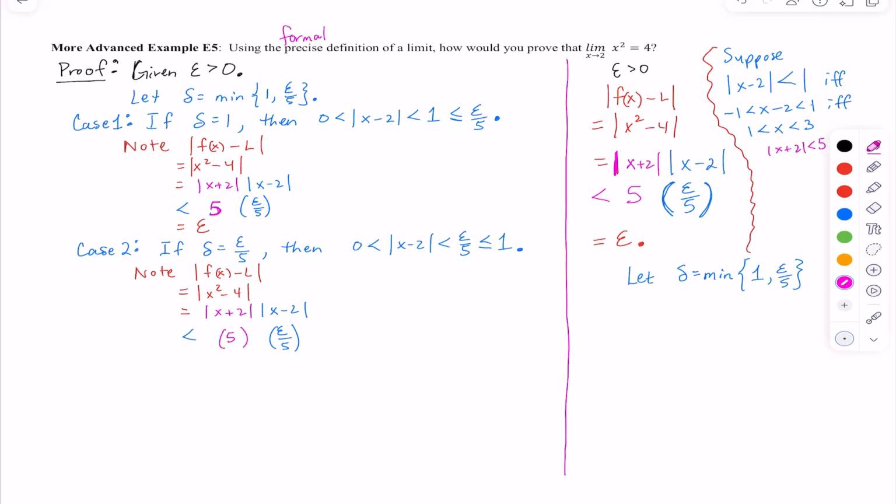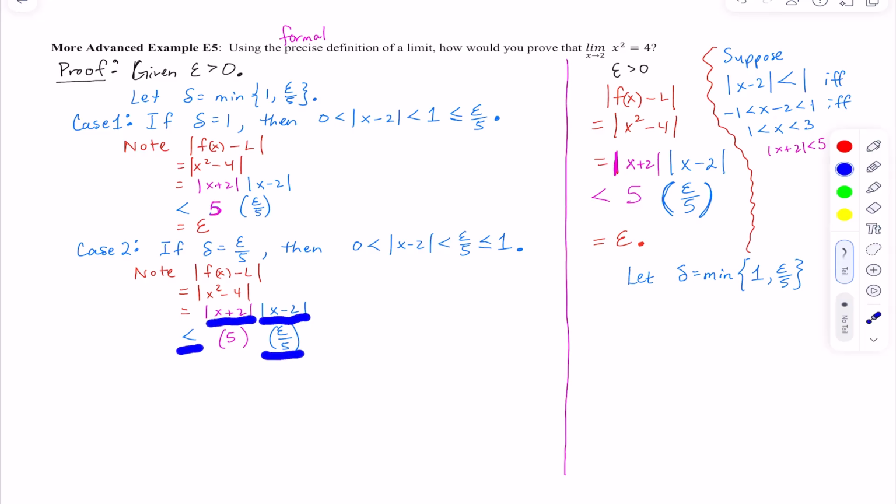And the reason why we know the absolute value of x plus 2 is less than 5 is because the absolute value of x minus 2 is also less than 1. You know, it's less than 1 here. Even at most, it could be 1 if these two numbers were the same. But we already know this one is strictly less than epsilon over 5.